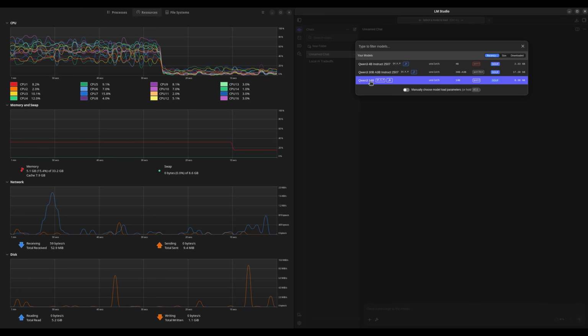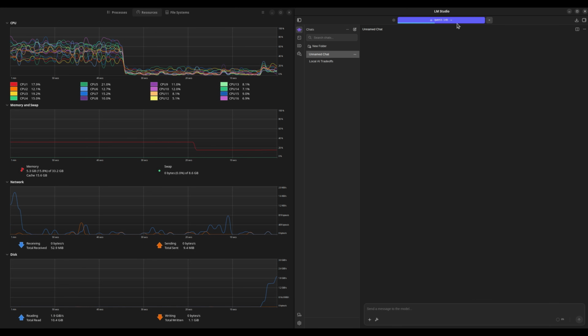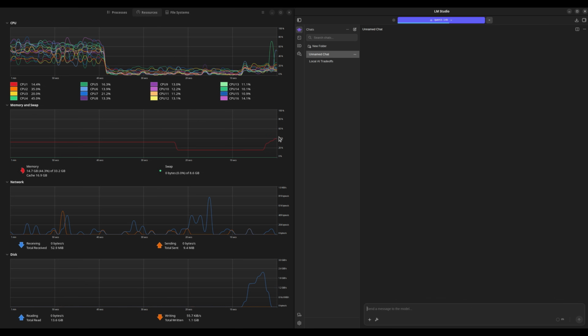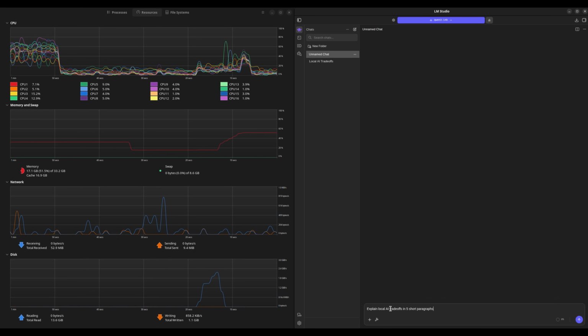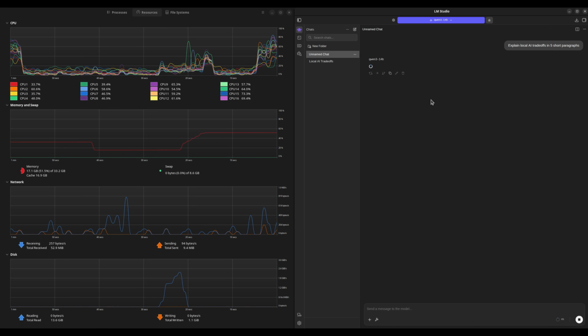Now we're gonna test our second model, Qwen 3 14 billion params. And same process, it is loading in the RAM. And after loading, we are gonna run our test. One thing you're gonna notice from this model, it has something called thinking mode.